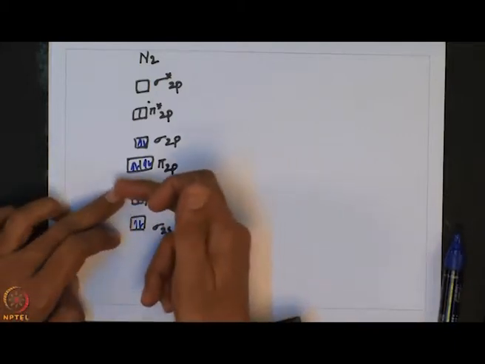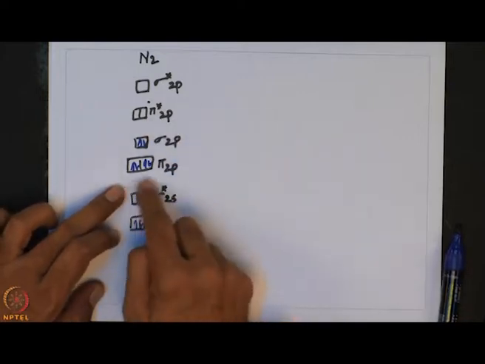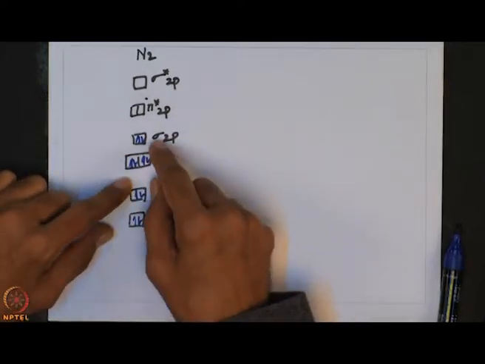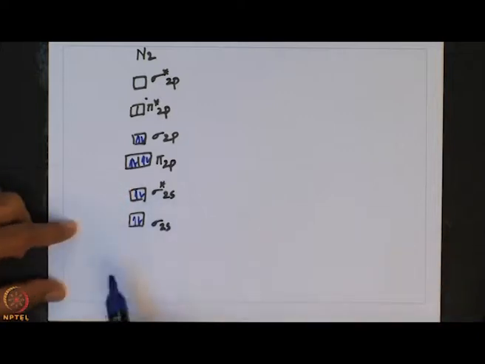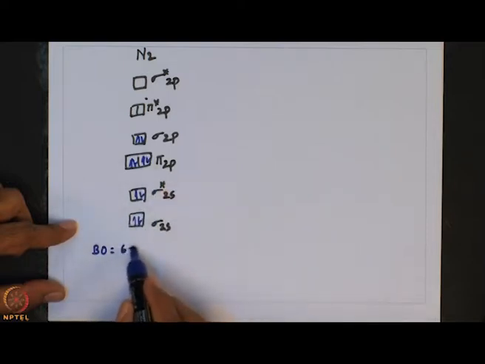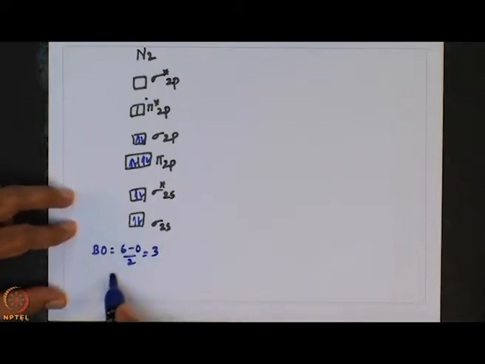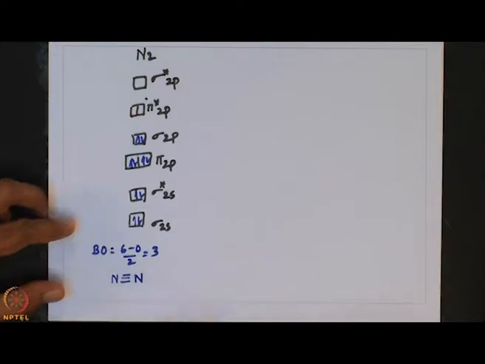Between these, we have 6 electrons, so I can calculate the bond order. For N2, bond order equals 6 minus 0 by 2 equals 3. That means the bond order is 3, which indicates there exist 3 bonds between the 2 nitrogen atoms.